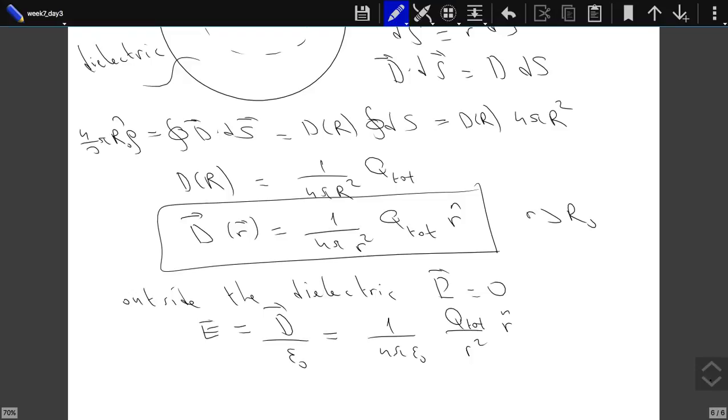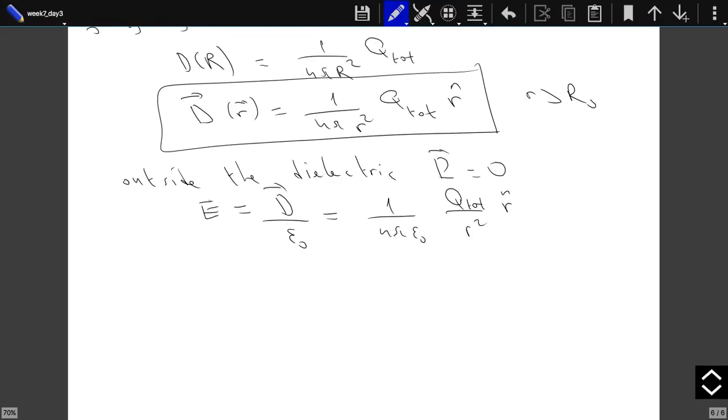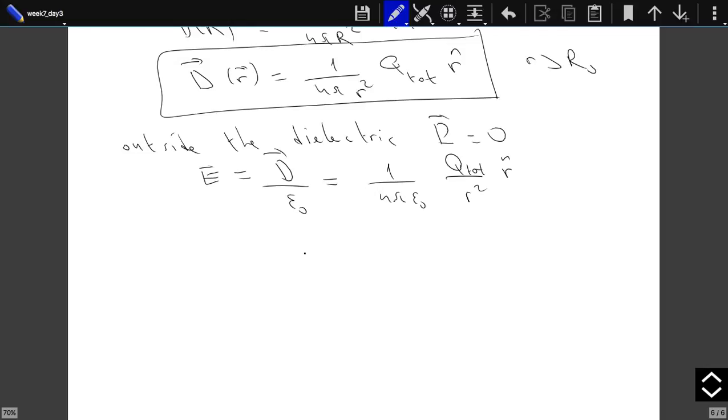Now here we didn't really need to know what the curl of D is. It is automatically 0 because of the symmetry. So just the last warning on this issue.